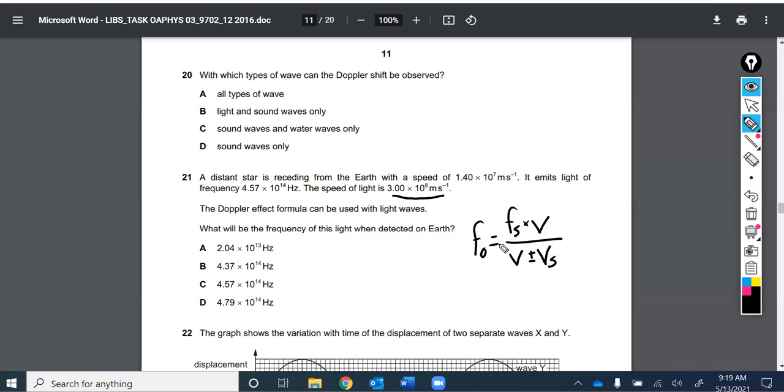So the Doppler effect is all about how the apparent frequency changes based on the relative motion of a source and an observer. It could be an observer running away from the source of a wave, or the source of the wave running away from the observer, or they might be moving towards each other. All that matters is the relative motion.